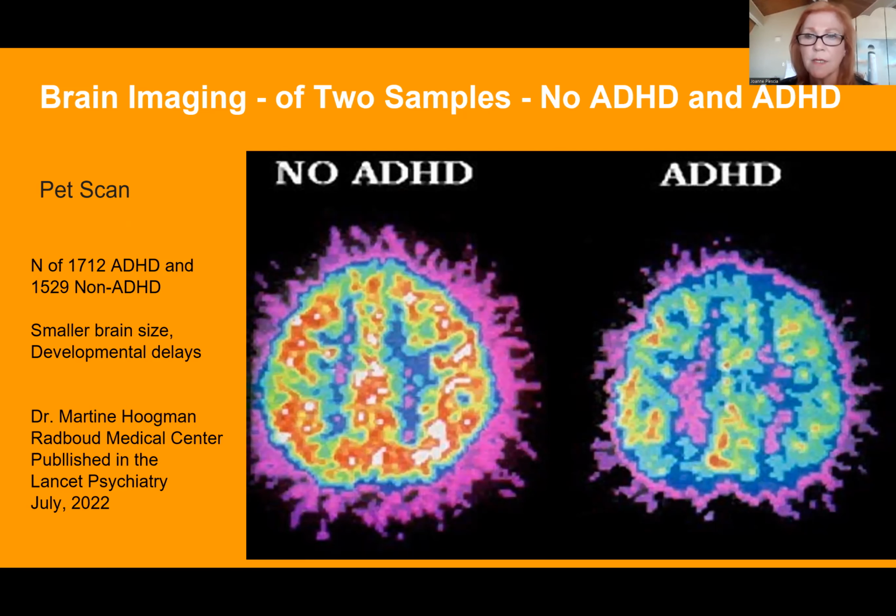And what that means is I'm going to use the word immature, but I simply mean I haven't grown enough. So the brain is immature for the actual years that the child has lived. And so you see a smaller brain, and you also see less activity.